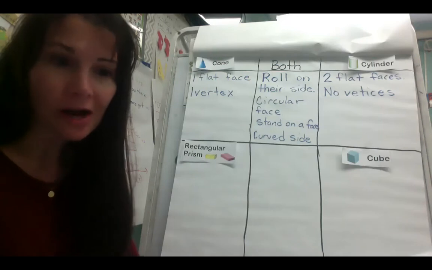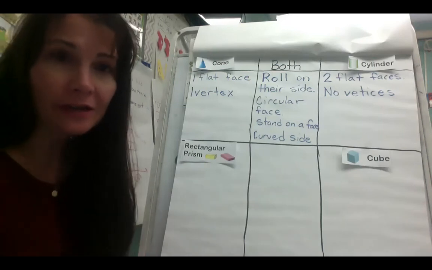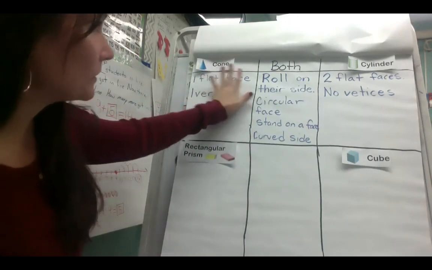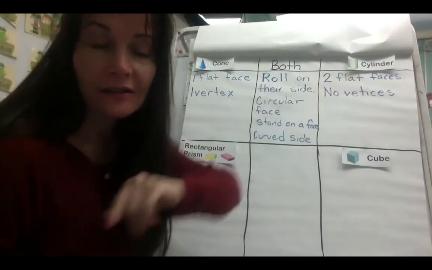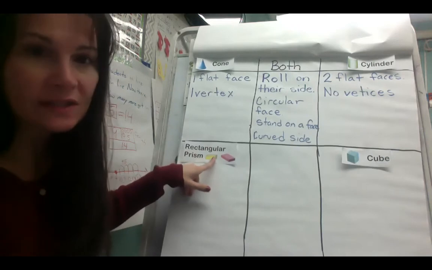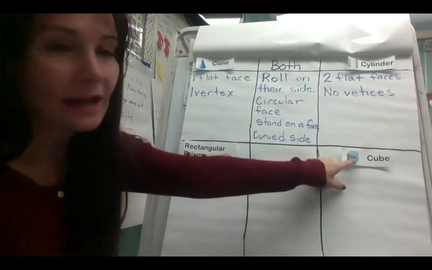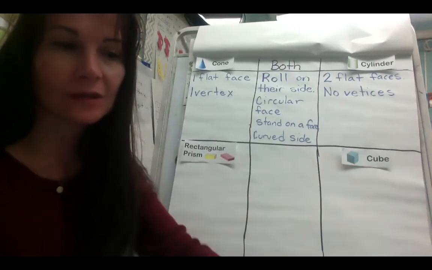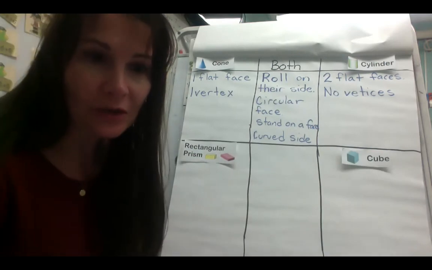We did a great job of comparing and contrasting the attributes of a cone and a cylinder. Let's try our next 2 shapes. The rectangular prism and a cube. I'm going to show it so that you can see it a little bit better.